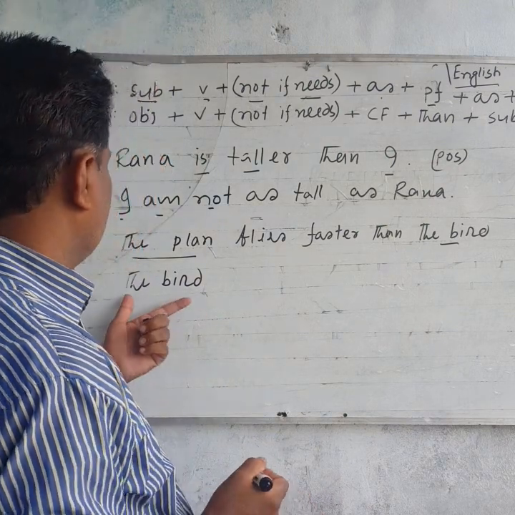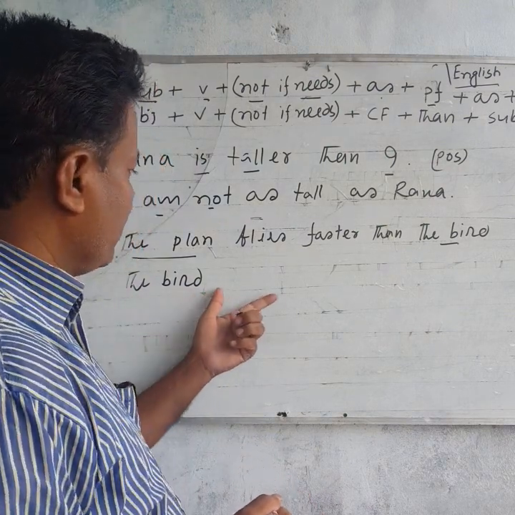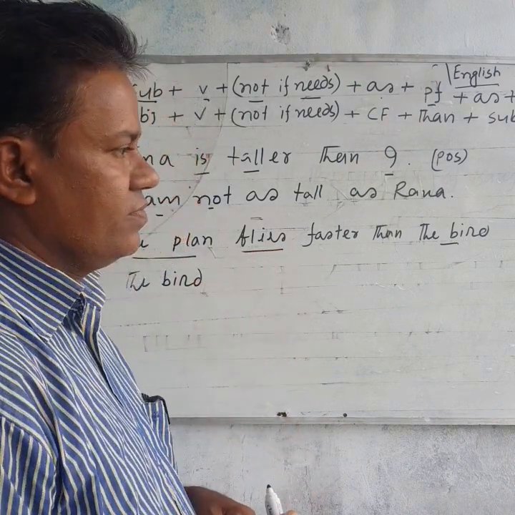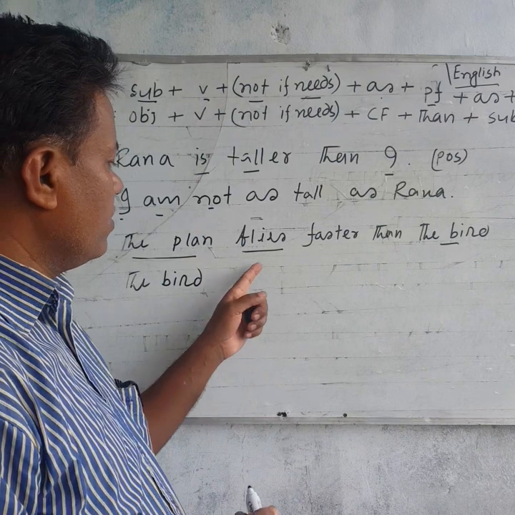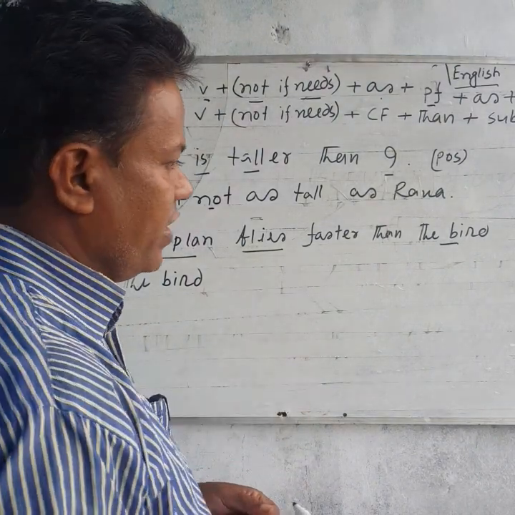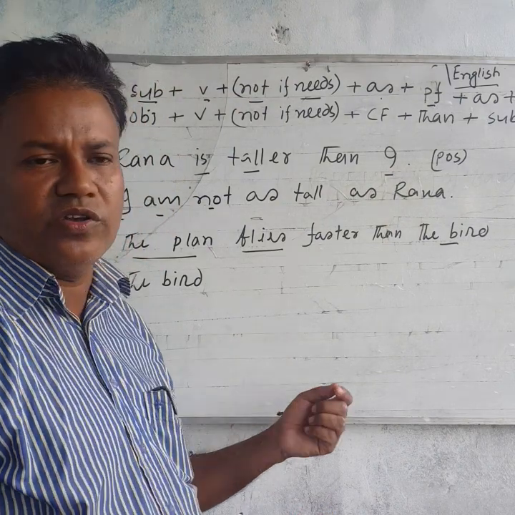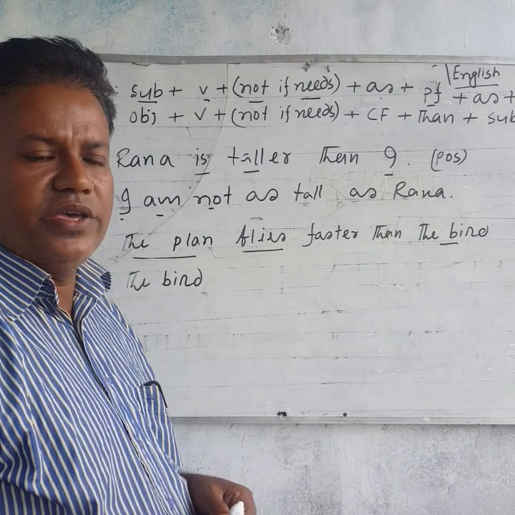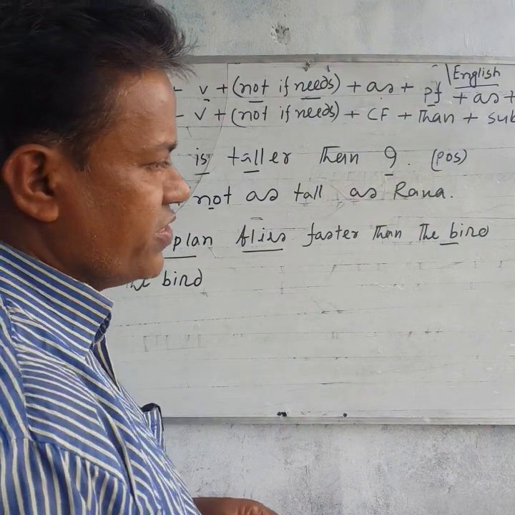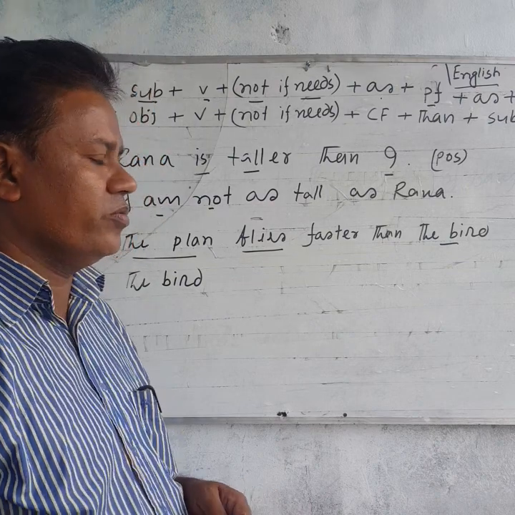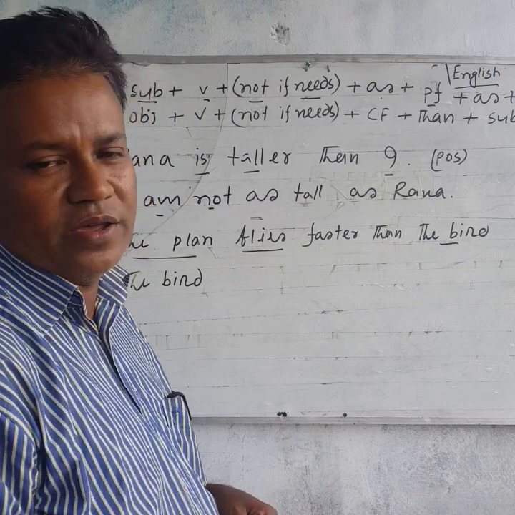Now the verb. Here the verb is flies, but this is not a be verb. If there is any be verb, you can easily put only not, but this is a principal verb. You know that whenever you see any principal verb, and if it needs a not, you must bring the do verb.